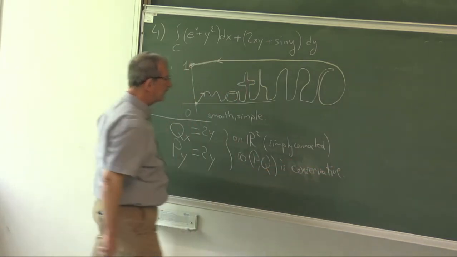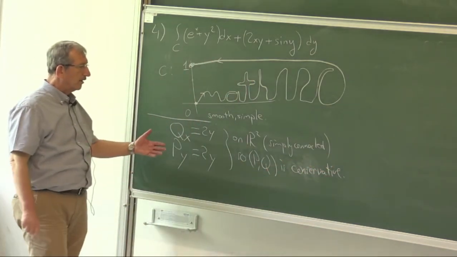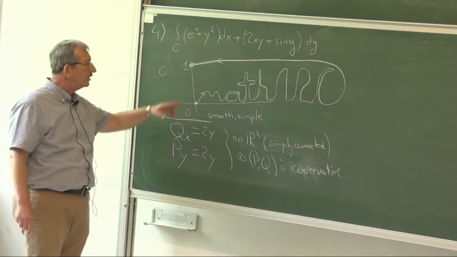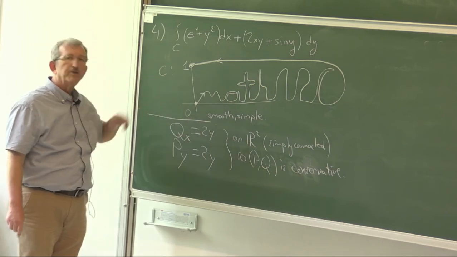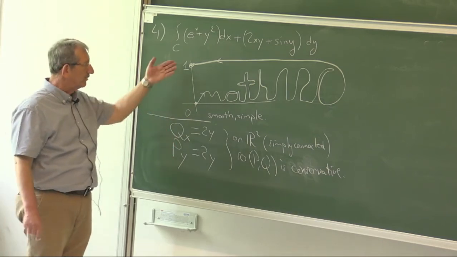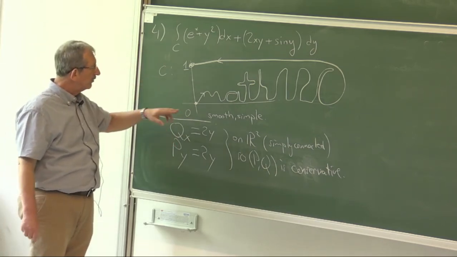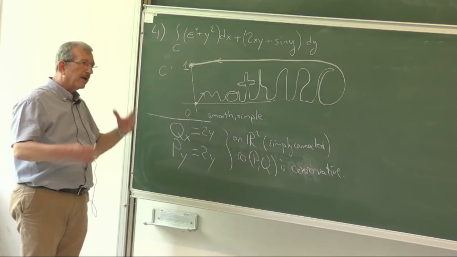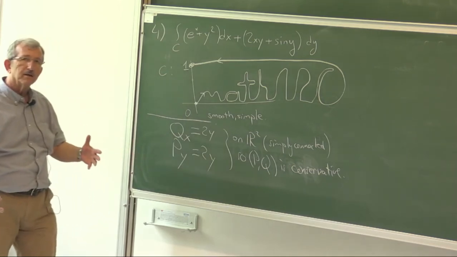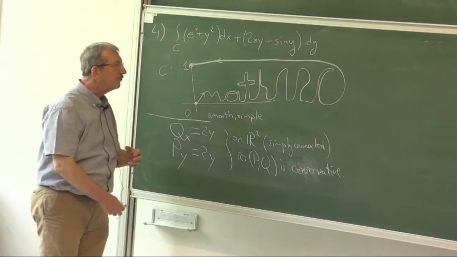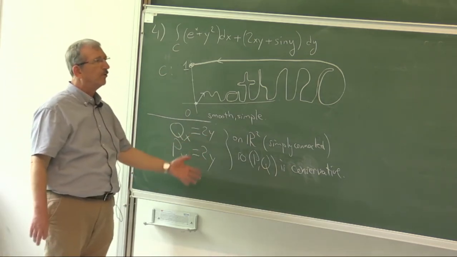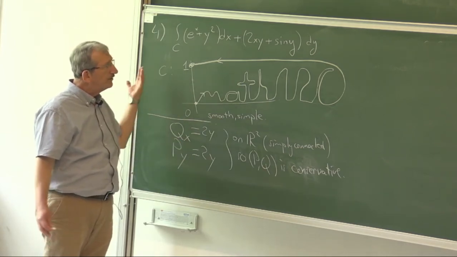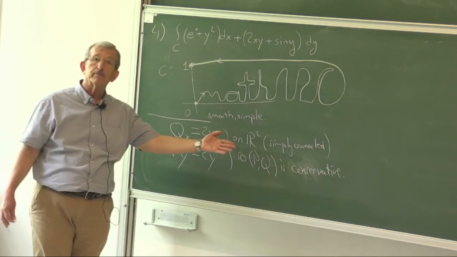It's conservative. So, okay, it has a potential, and we could find the potential, put 1 in it, and then 0, these points. Actually, I mean, you don't put 1, 0, of course. You put 0, 1, and 0, 0. And then this would give us the value, but we don't have to find the potential. Okay. Well, we could use path independence. Now, we know it's conservative.